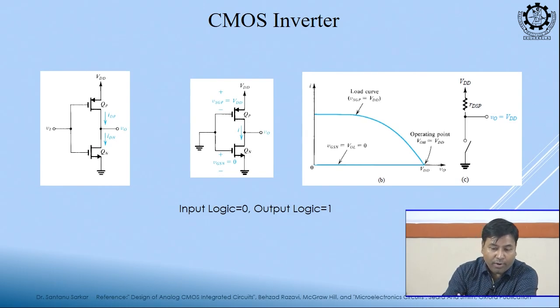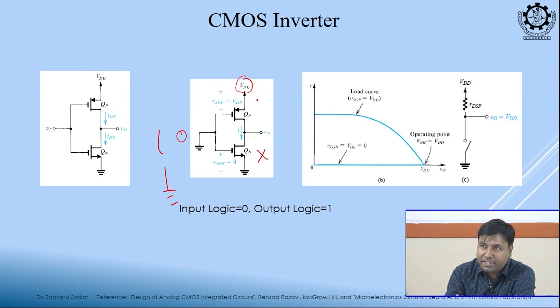Case 2, my input is 0. Input is 0 for NMOS. What is the VGS? Gate is 0, source is 0, VGS is 0. So, this is off. Can this output go to 0? It is disconnected from 0. No. Let us see the PMOS. Source is at VDD, gate is at 0.